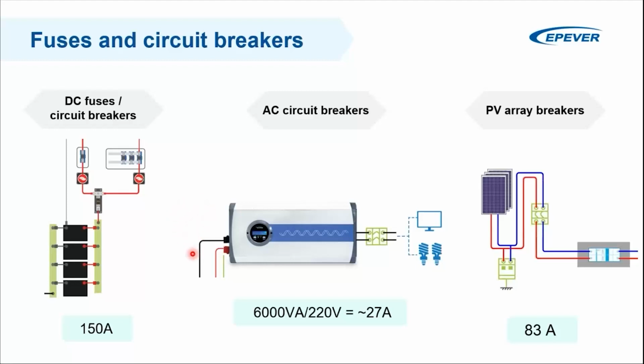Then you'll need to have an AC circuit breaker to make sure that any alterations in current or voltage on your feeding side will not damage your equipment.